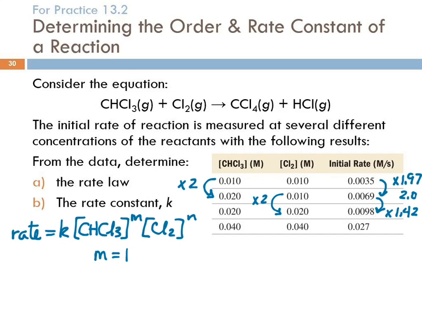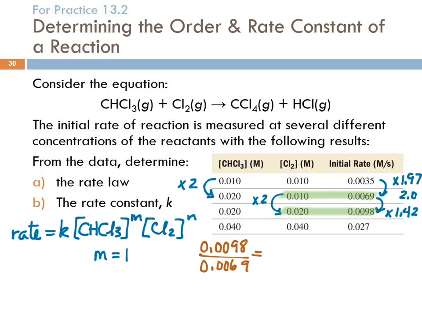So we're going to take rate 1. We're going to use this and this. And this is our concentration, and we'll call this one 1 and this one 2. And this is rate 1 and rate 2. I'll make it a different color. Maybe it'll be a little less confusing. So rate 2 is 0.0098 divided by rate 1, 0.0069.